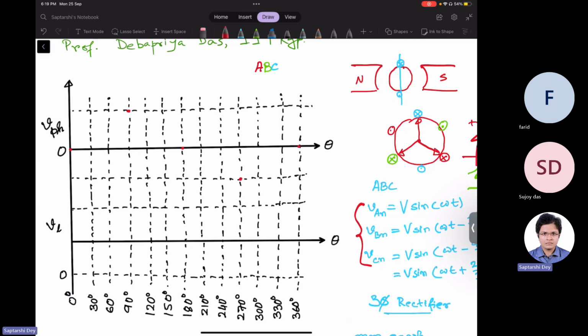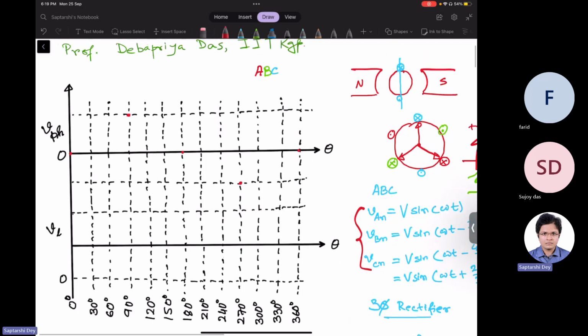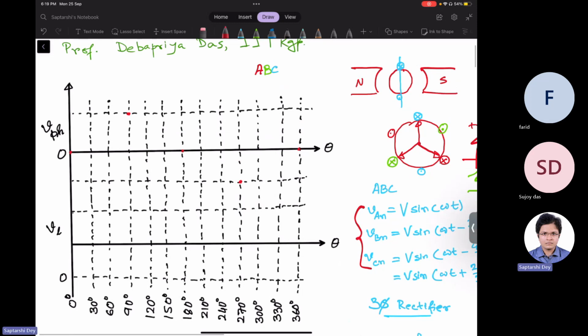Now we have got the dots to draw phase A voltage. We can draw phase A voltage like this. Okay, phase A is done.